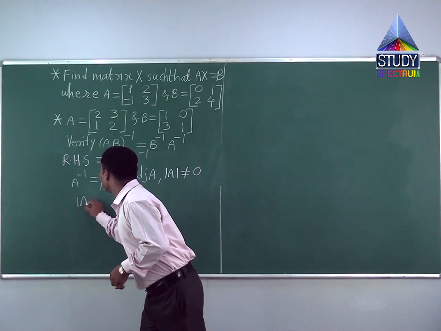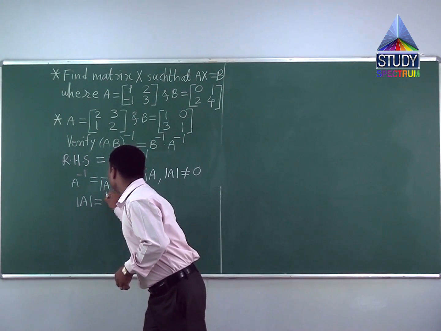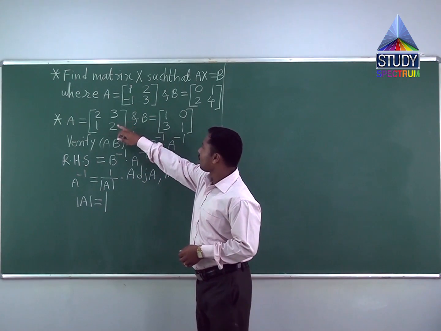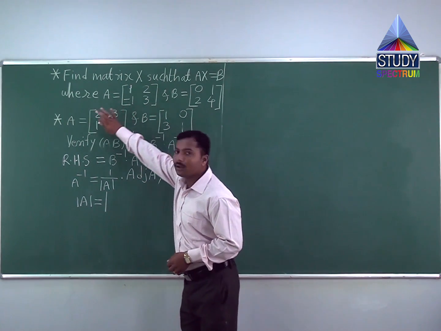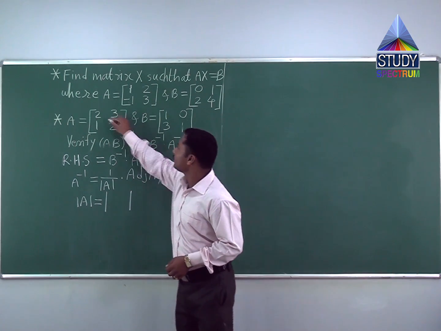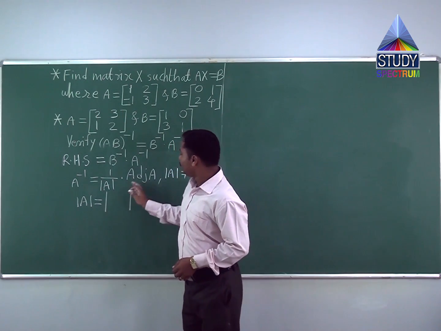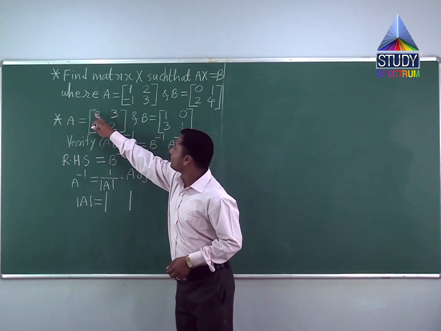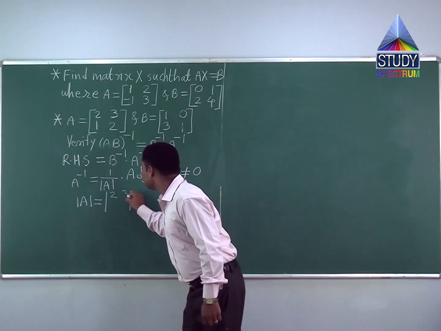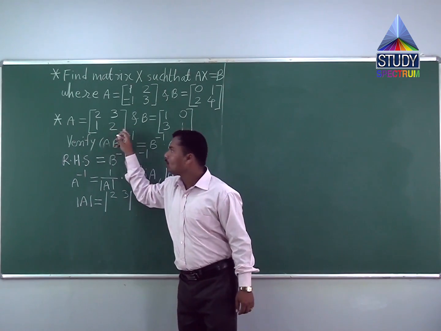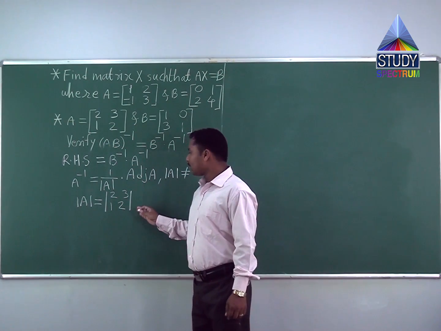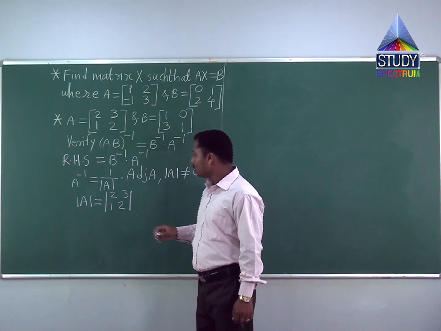So we check this condition first, and then we find the adjoint of A. Determinant A equals the determinant of the given matrix A. First row 2 3, second row 1 2, and this is a second order determinant.